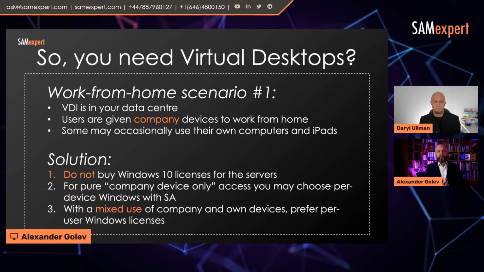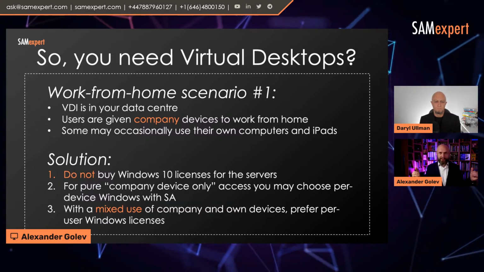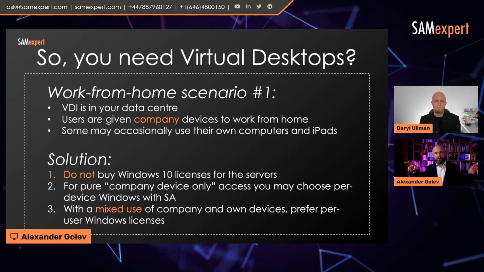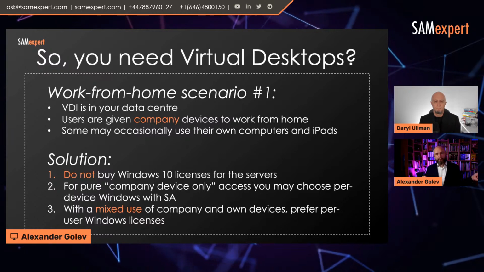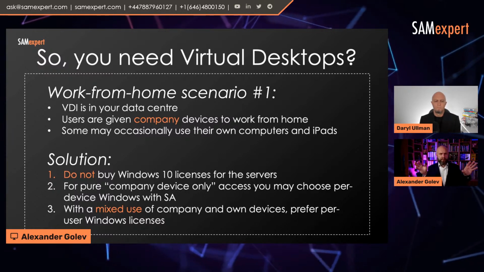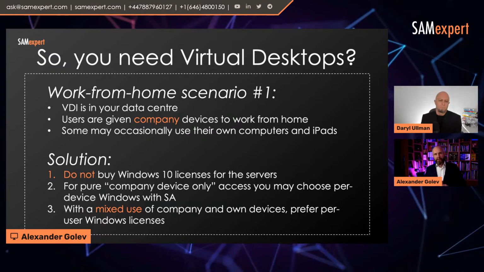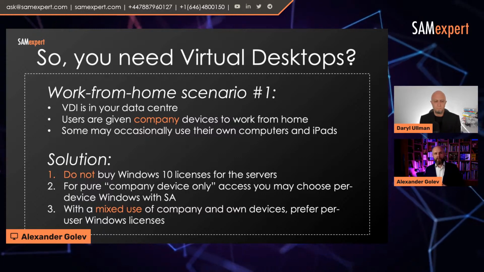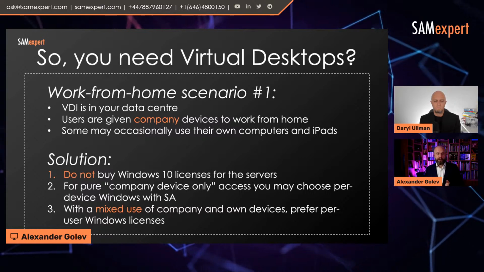So the solution here is do not buy Windows 10 license for the server. I'm going to continue reiterating this because this mistake is made often. For pure company device only access, you may choose either per device or Windows with SA, as in the previous scenario. For the same company devices, but with a mixed use of company and own devices, I would prefer assigning users Windows license with SA, Windows per user, or VDA access rights.